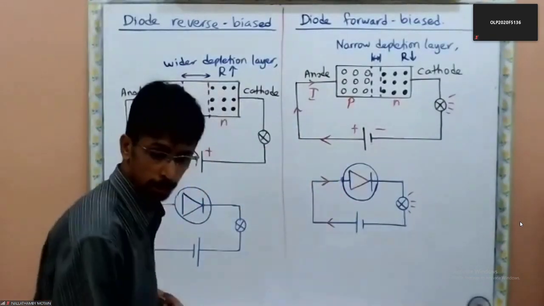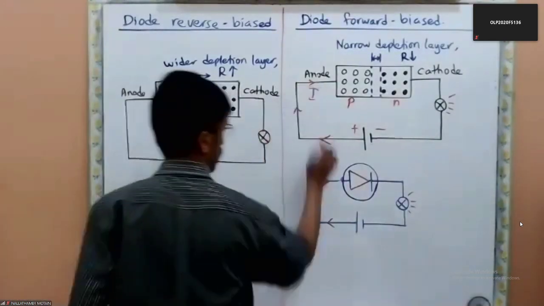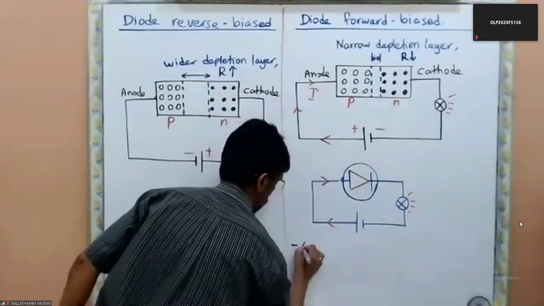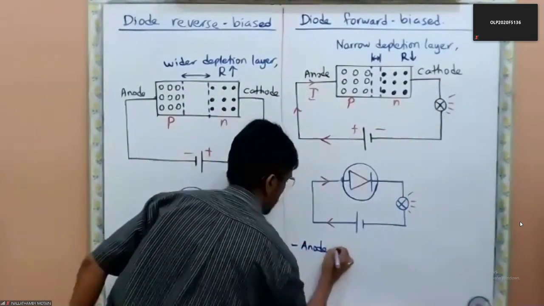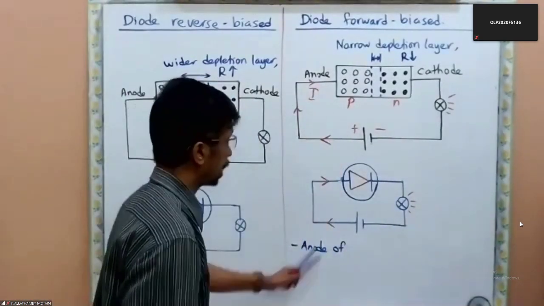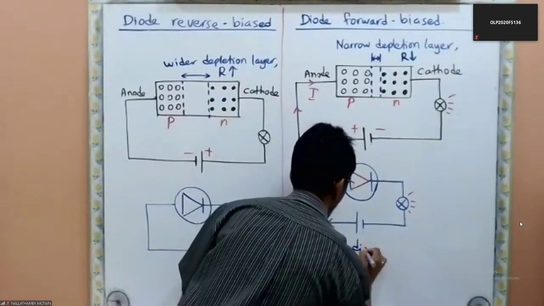Okay, so please write points here. Anode, here also anode. Anode, here cathode, here also cathode. Anode, or you can write P type, also can have anode or P type.